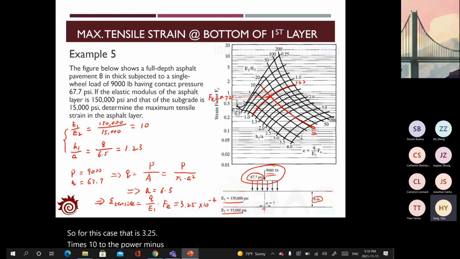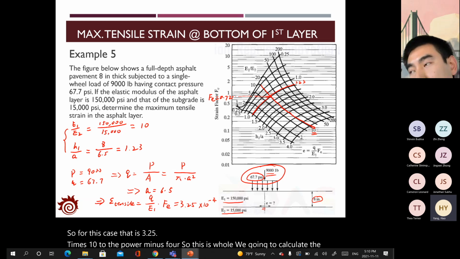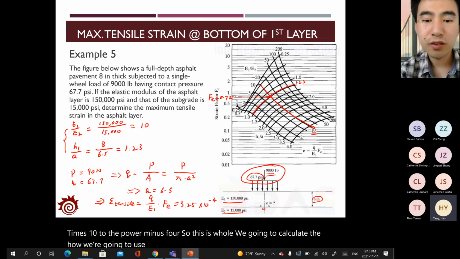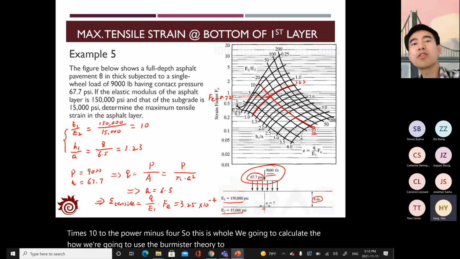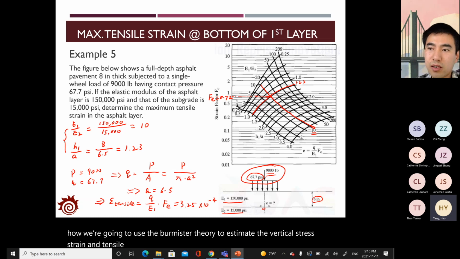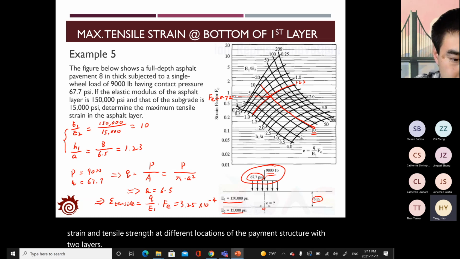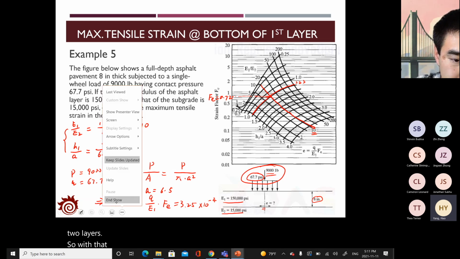So this is how we're going to use the Burmister theory to estimate the vertical stress, strain and tensor strain at different locations of the pavement structure with two layers. So with that, I finished the introduction about the Burmister theory.